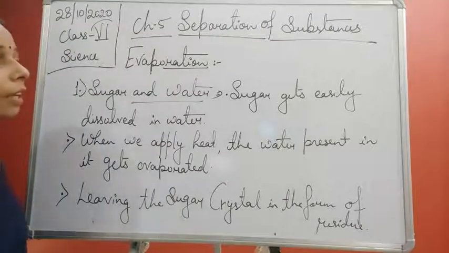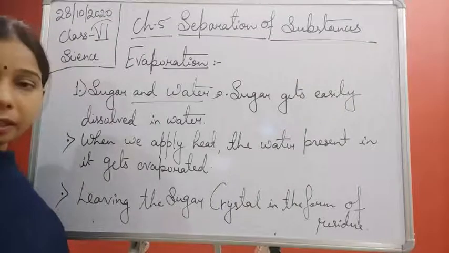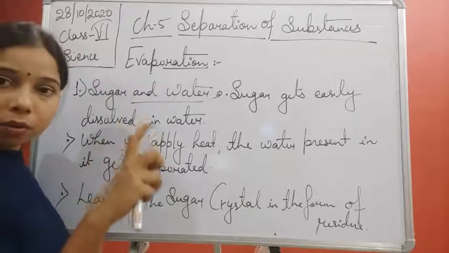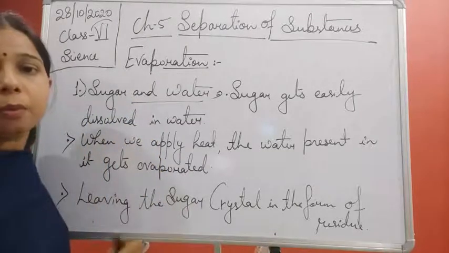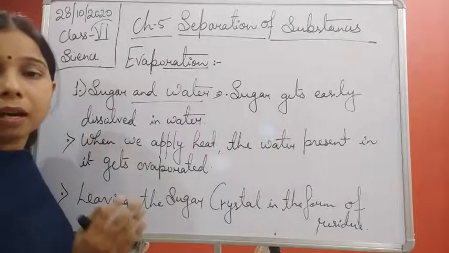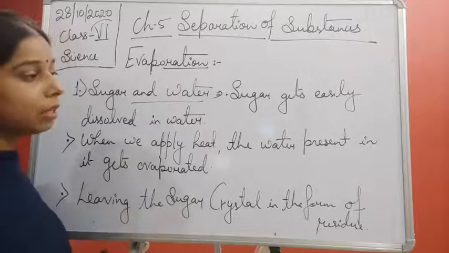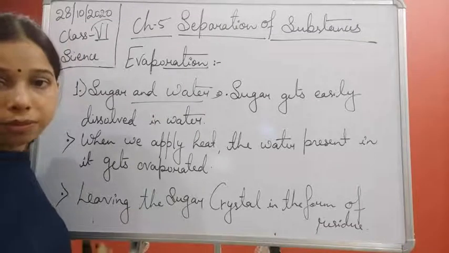So we can say that sugar gets easily dissolved in the water, and when you apply heat, because you mixed the sugar in the water, there is a solution. Now you want to separate the sugar from the water, so you simply use the process of evaporation, and by this process you can easily separate the sugar from the water.